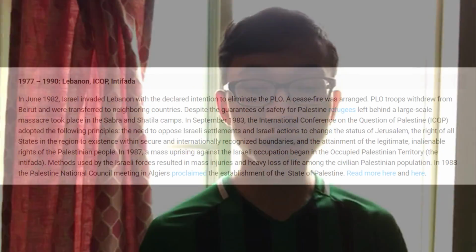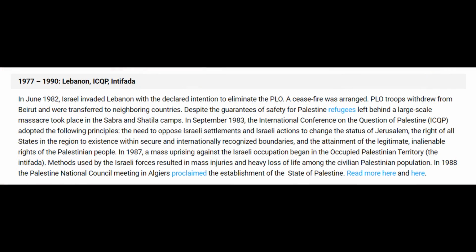The first intifada occurred after Israel invaded Lebanon, intending to destroy the Palestine Liberation Organization, or PLO. There, a ceasefire was arranged where PLO forces withdrew from Lebanon and were redirected to neighboring countries.